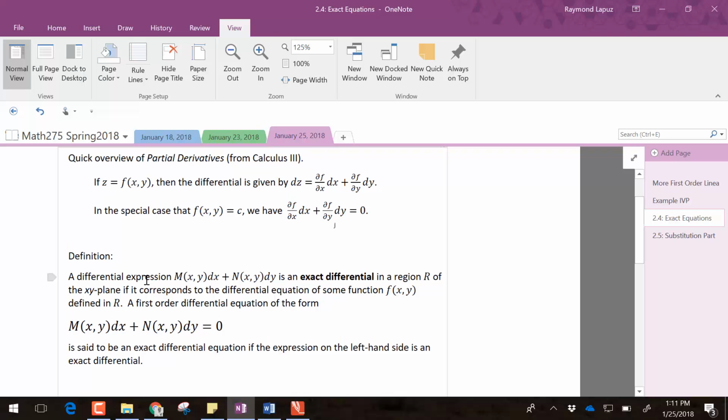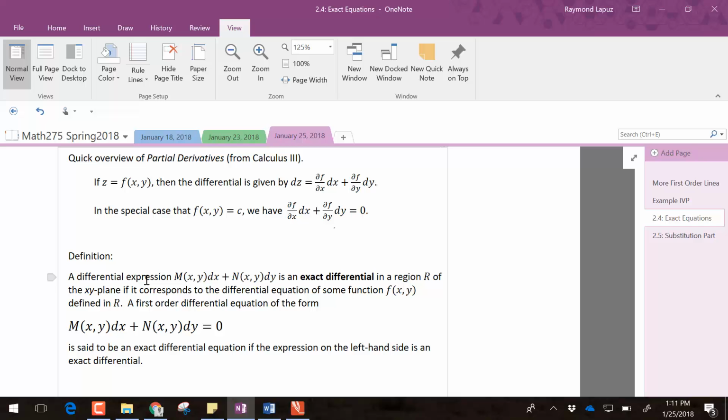A differential expression that looks like some function with an x and a y in it times dx, plus another function with an x and a y in it times dy, is called an exact differential in some region.